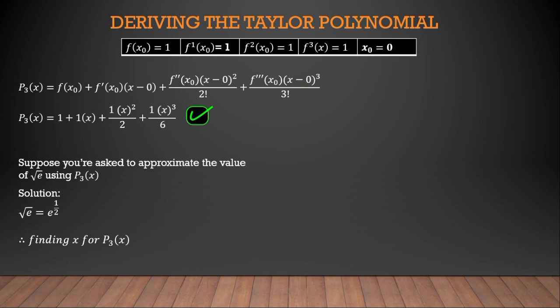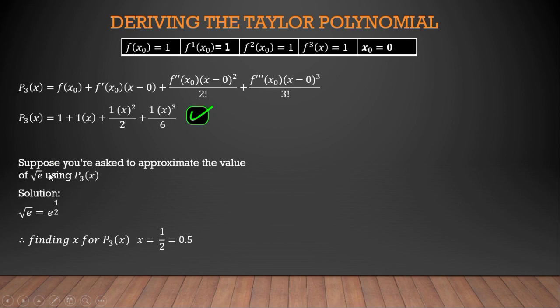And finding the x value for P3 of x, the x value of e is equal to 0.5. So remember our function said that we have e to the power x, right? And that was the initial function of f of x, so we've been told to find or approximate the square root of e.